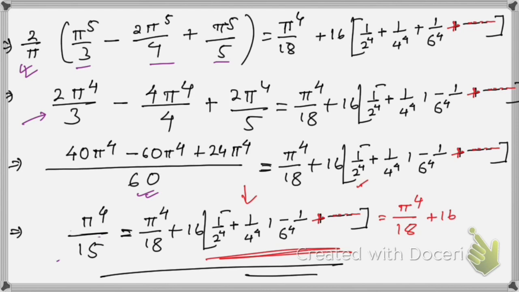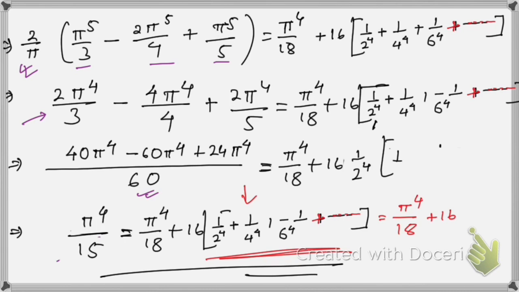If you take 1 by 2 to the power 4 common, then here this term will be 1, and from here we can write 1 by 4 to the power 4, which means we can write 2 to the power 4 into 2 to the power 4, right?